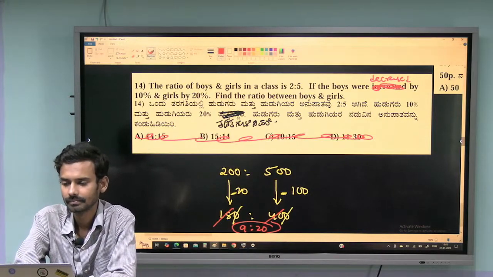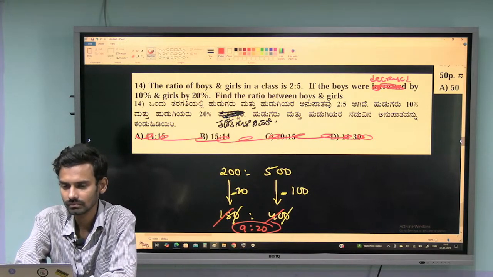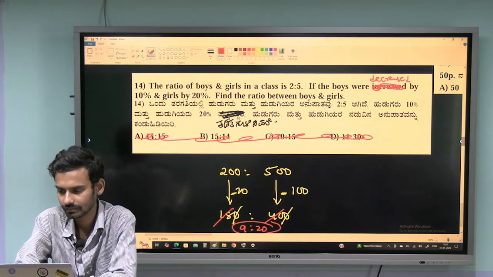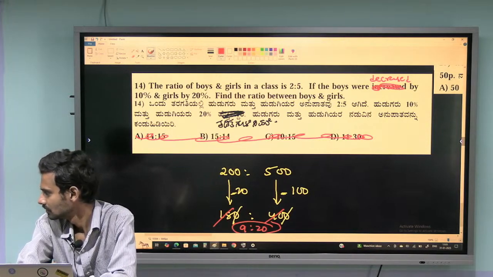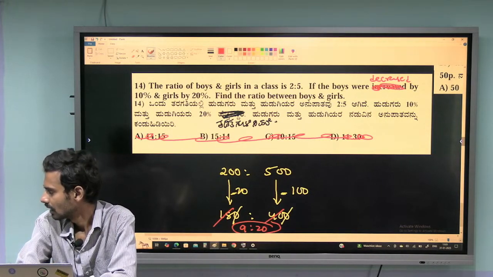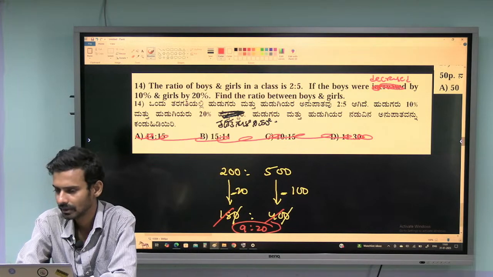Is this clear? Everyone is following this? Understood? Please let me know in the chat box.